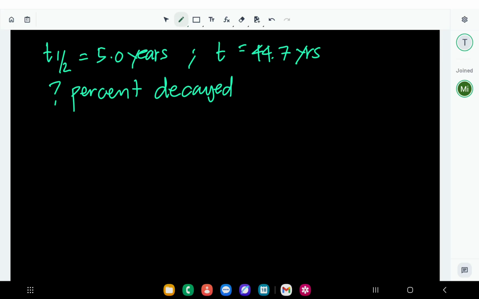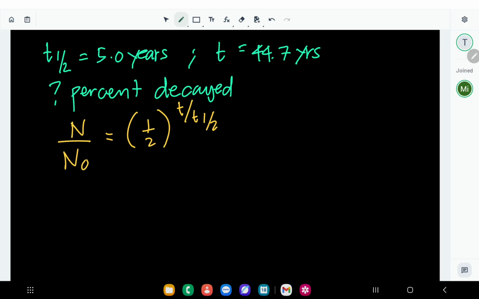So we use the same formula. The problem is the formula you're using there is different from mine. So this is what I use. We have t over t sub 1/2, then we only compute the exponent here.